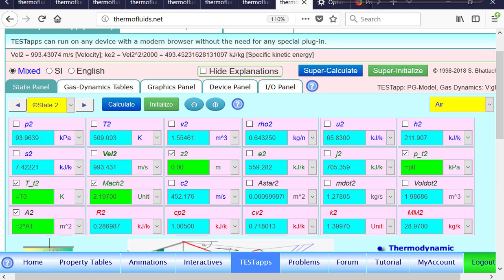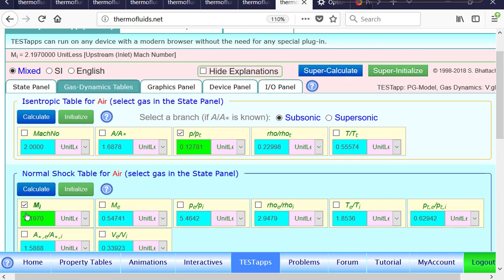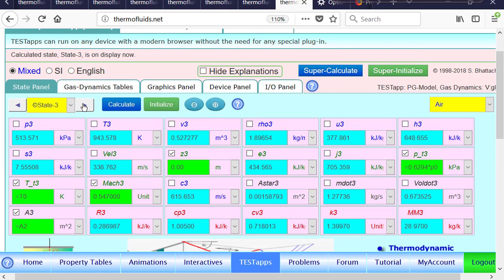Okay, so how do we find the state right after the shock? The Mach number is given, so we can go to the normal shock table and put the Mach number in. That gives us the exit Mach number: 0.547 should be the Mach number at state 3, and that's what I've substituted here. We also know the total temperature doesn't change, and the area barely changes across the shock.